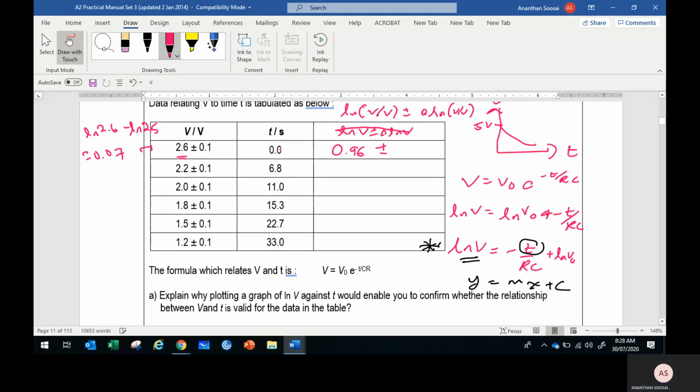The answer is 0.07, same decimal place, so 0.07, 0.08. So for the case of ln and log, it is actual minus minimum for your uncertainty.